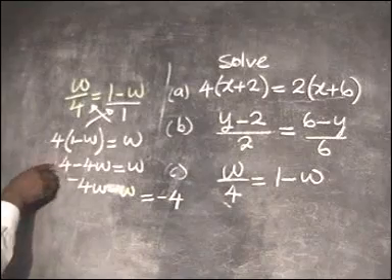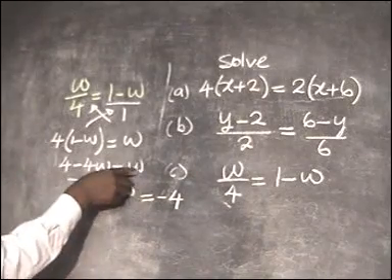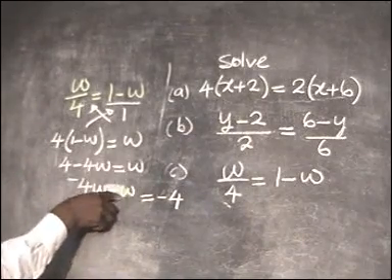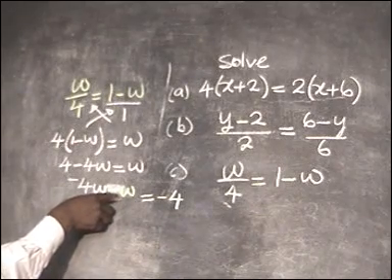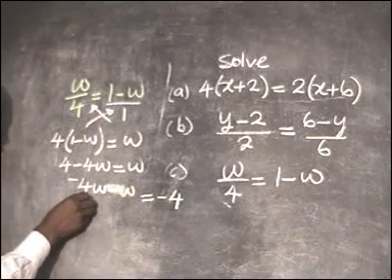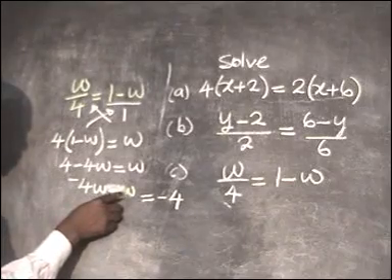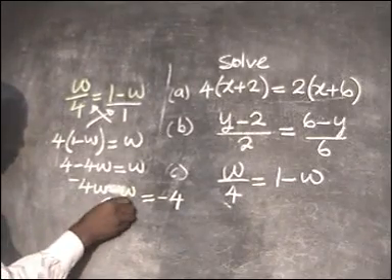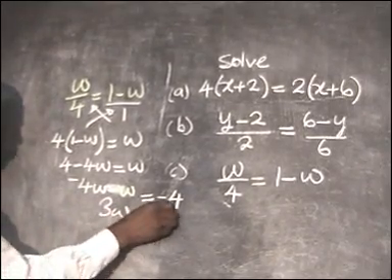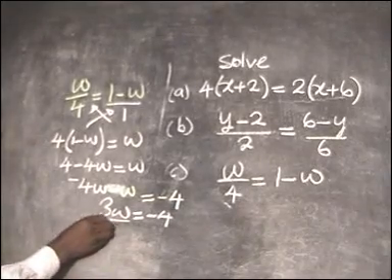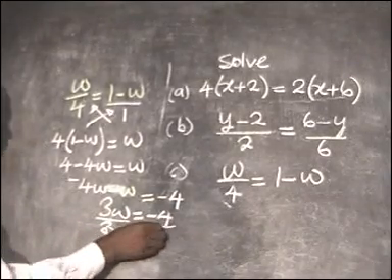Mind you, this side it's positive 4, it becomes a negative 4. And this W, it's a positive, it becomes minus W. I'm sure this is smart. So from there, this is now 4W minus W, then I get a 3W, and this is equal to negative 4. Then over 3, and over 3 this side.